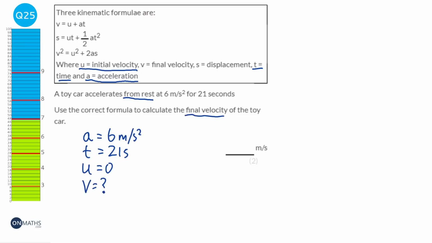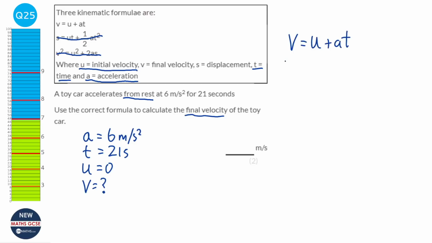So we're looking to see which of the 3 formulae at the top involve an a, a t, a u, and a v. So it's not going to be this one because this has an s. It's not going to be this one because this has an s. It's going to be the top one. So what we do is we write down the top one. v equals u plus at.